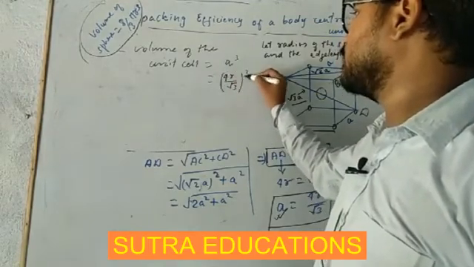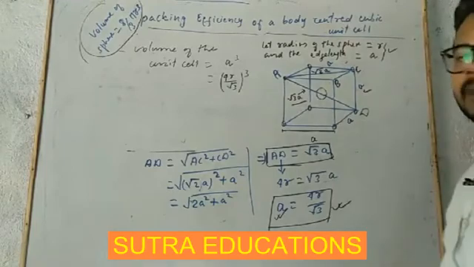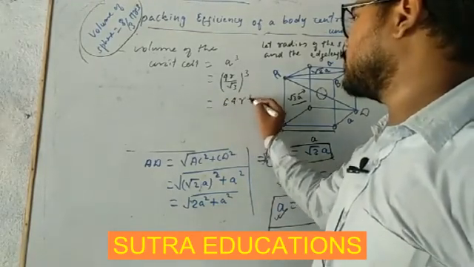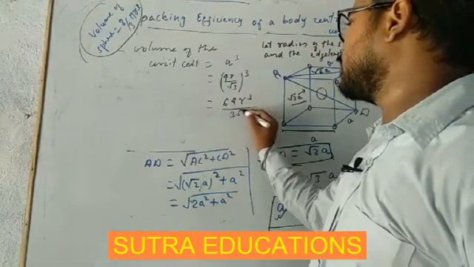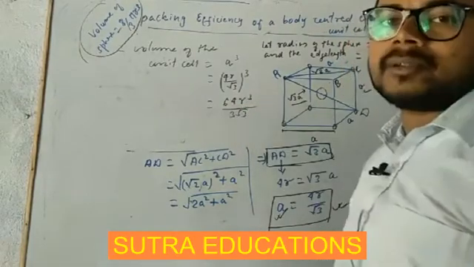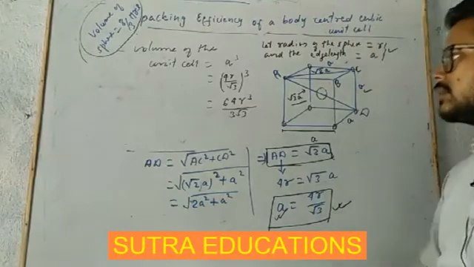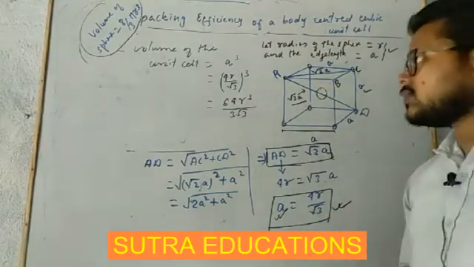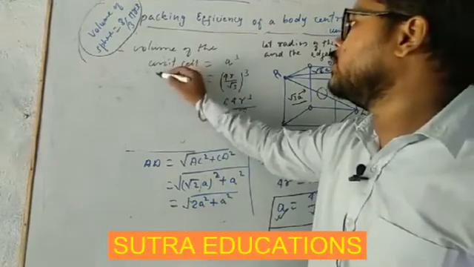So this whole cube will be equal to 64R cube upon 3 root 3. Okay, root 3 cube means 3 root 3. So this much. Now we have the volume of the unit cell.